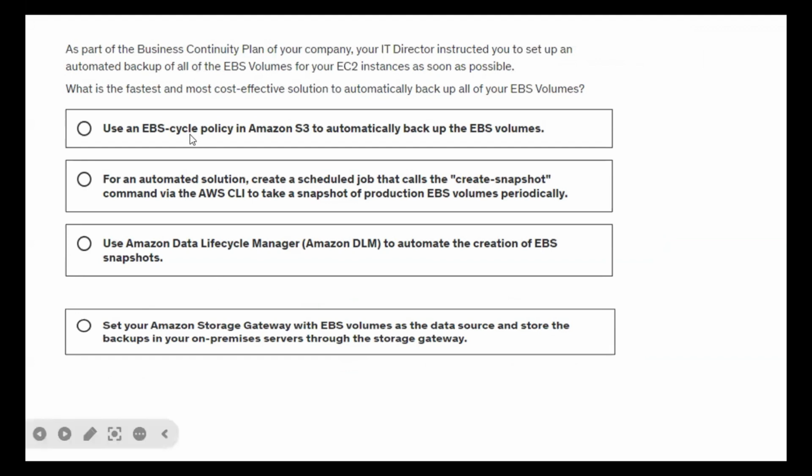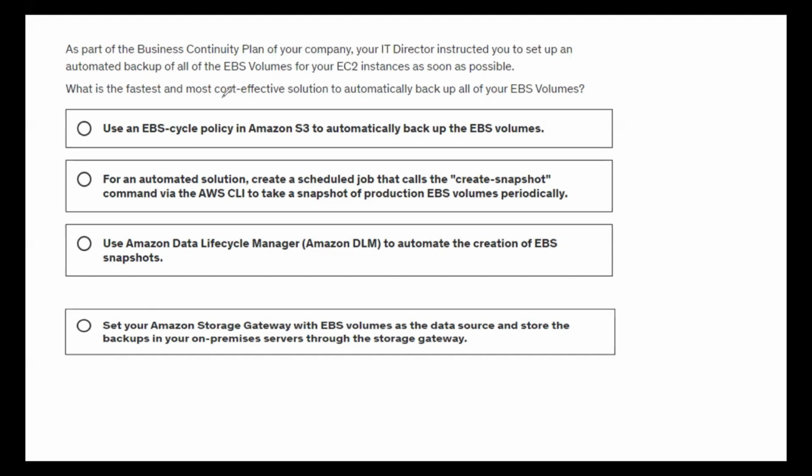Using an EBS lifecycle policy in S3 to automatically back up the EBS volumes. For an automated solution, create scheduled jobs that call the create snapshot command via the AWS CLI. Using the Data Lifecycle Manager to automate the creation. And setting up the Storage Gateway.